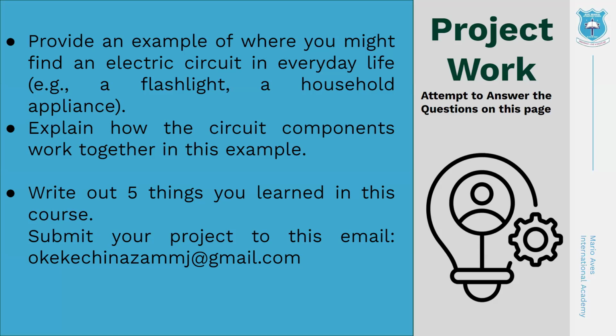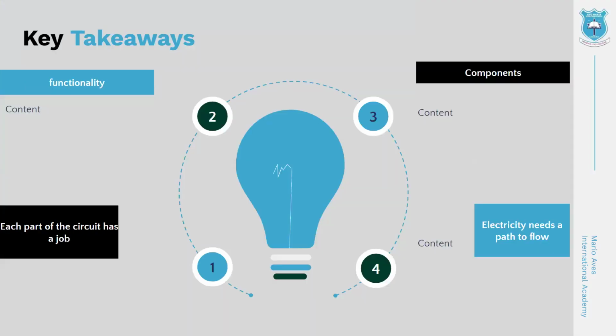Then explain how the electric components work together in the example you have given. Then write out 5 things you learned in this course. After that, you are going to submit your project to this email, okekechinazamMJ@gmail.com.